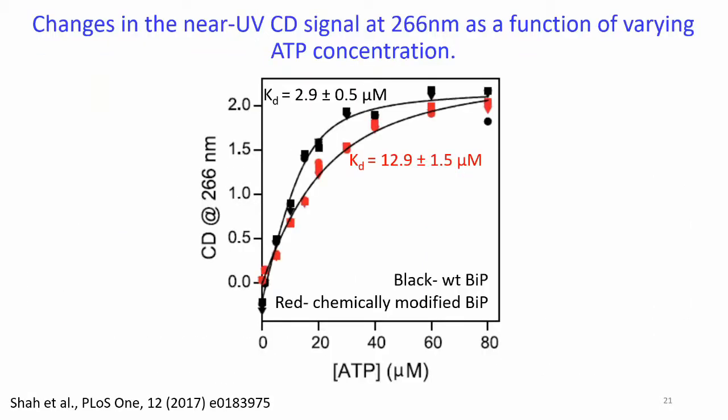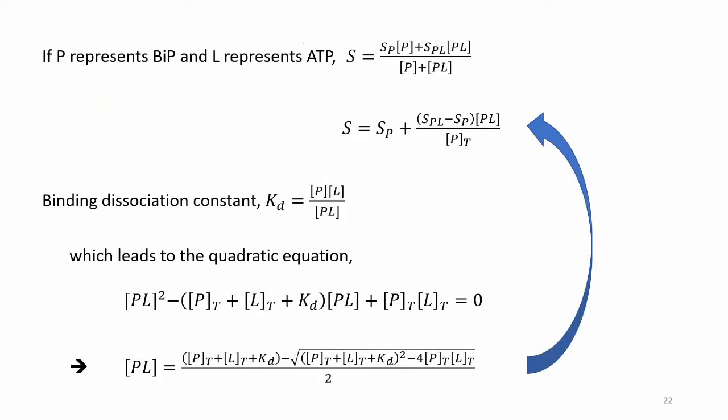So you can quantitate this data and then plot it as binding isotherms. Once you get this data, you write the equations. The observed signal is a sum of the signal coming from the free protein and the protein bound to ligand. Then you get the quadratic equation from the binding dissociation constant.